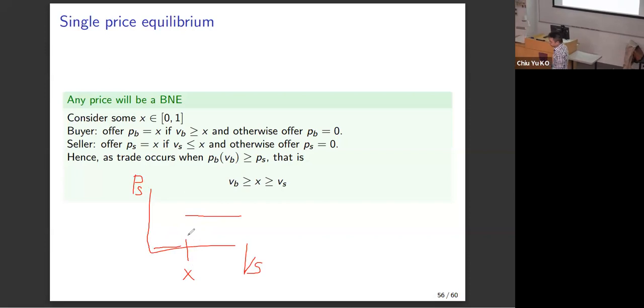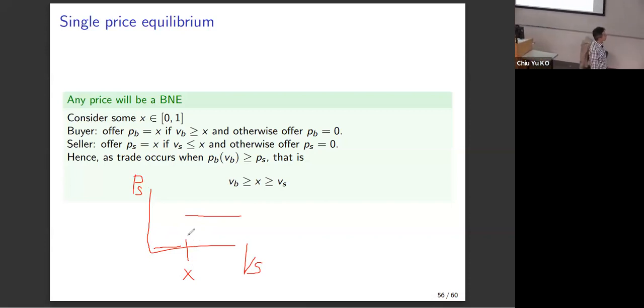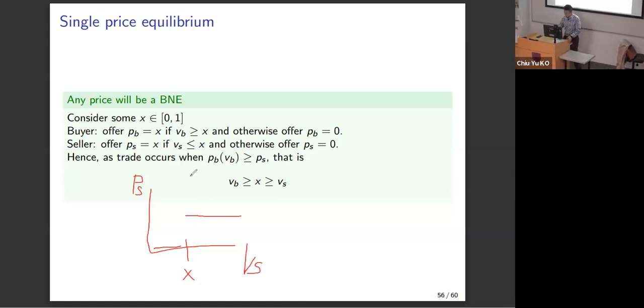When the valuation is very low, you don't offer anything. This would be 1. Sorry, for the seller, this is 1. Basically, when the valuation is very low, you just offer 1.